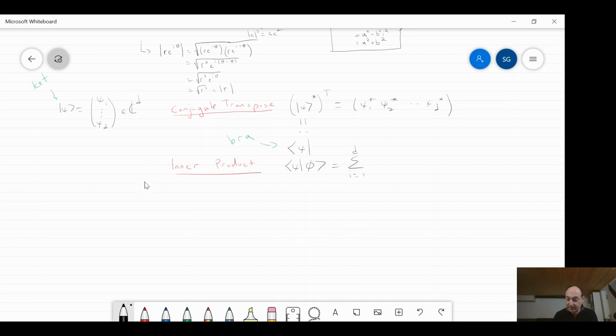Keep in mind that this thing is just a column vector where the entries are phi. And this thing, remember, we defined as a row vector with the stars on the entries, so you have psi i with a star. If you multiply this row vector on the left with this column vector on the right, and use standard matrix multiplication rules, you'll get literally this formula out. So there's no real additional definition I had to throw in here. It's just the product of these two vectors.